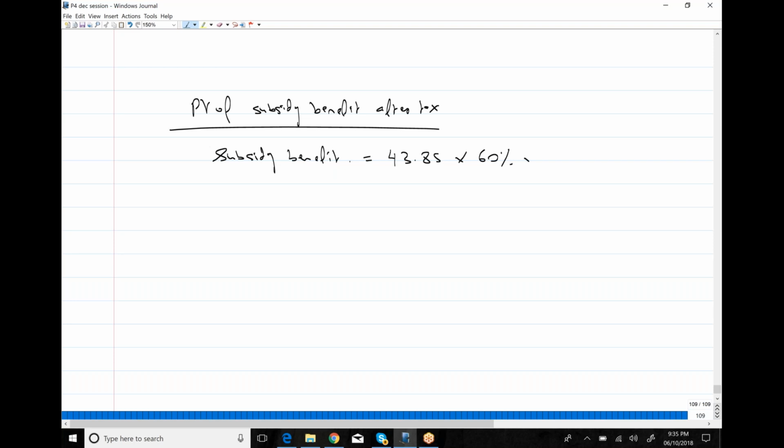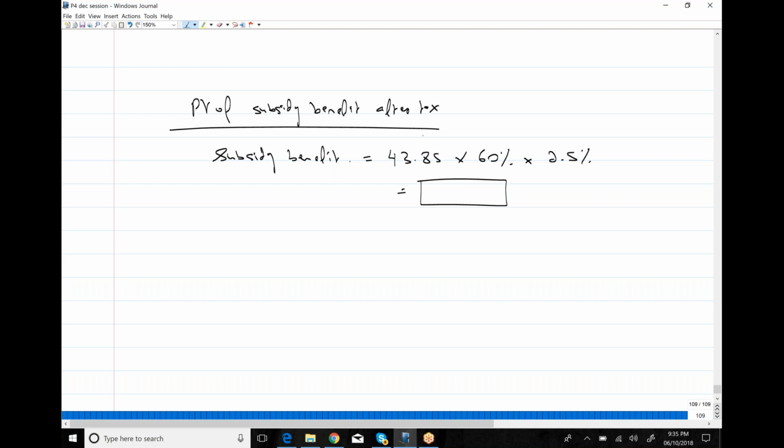But this benefit is only available on 60% of the loan. So into 60%, multiplied by my benefit, which is 2.5%. Clear? You will get this benefit of 2.5% on 60% of the loan, not on the entire loan.